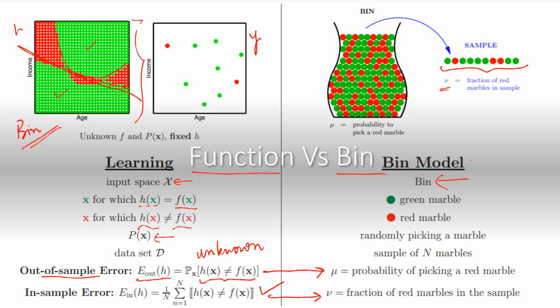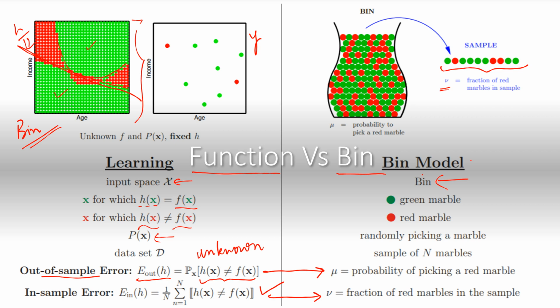Now, having said that, when we looked at this problem here, what we did was we fixed a hypothesis H, right? We began with drawing that line here, this H here. And then we said that once we have this hypothesis, we determine the red region and the green region, and then thought of how the red region and the green region will determine the in-sample error and the out-of-sample error.